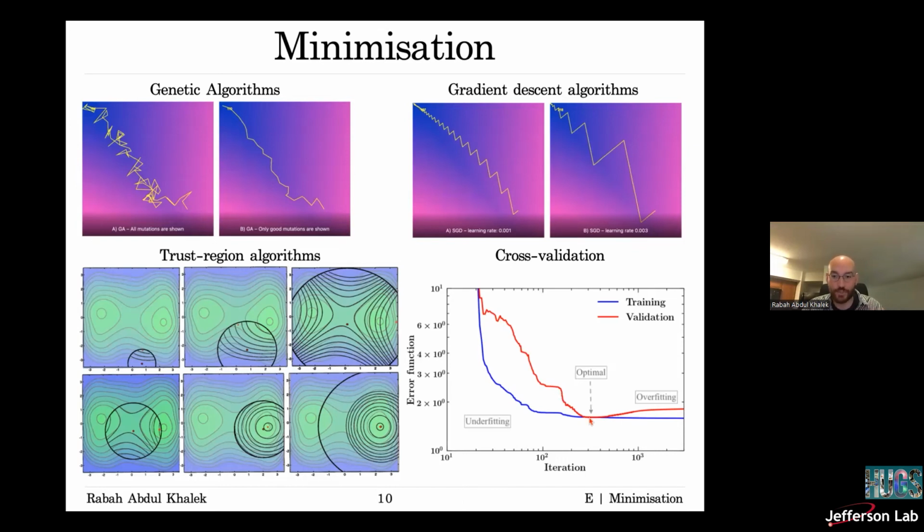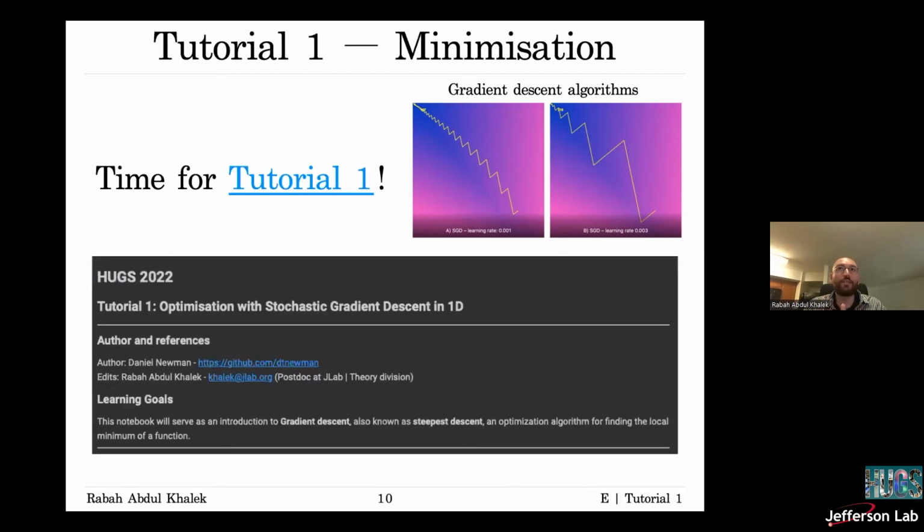But at some point, these will diverge, and then you start overfitting. This is where the validation curve starts to go up, because you're overfitting the training set. And this is what's called early stopping. So this is where you save this point as the best parameters of your fit. And this is cross-validation.